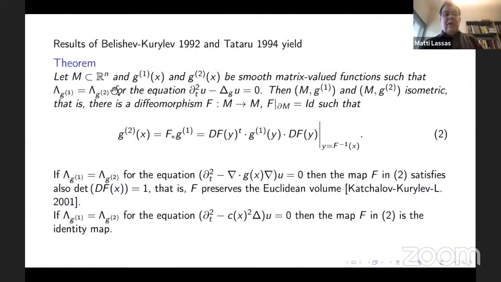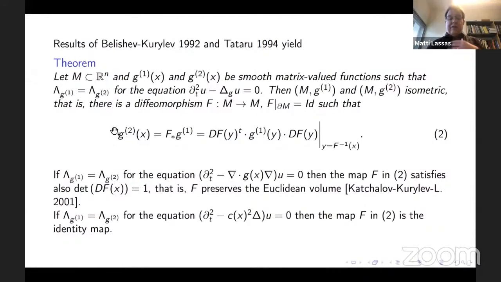Then one can show that you can reconstruct the manifold structure uniquely, which means that if the boundary measurements coincide, then the domain M with the metric G1 and the same domain with metric G2 are isometric. This means that there is a diffeomorphism F that keeps the boundary the same, so that the wave speed functions G2 and G1 have this relationship. So you can reconstruct the wave speed up to a change of coordinates.